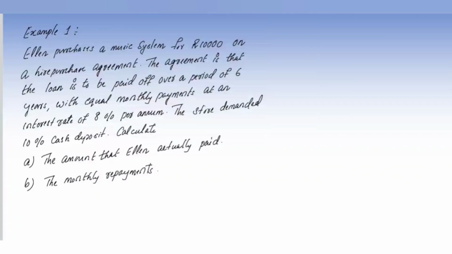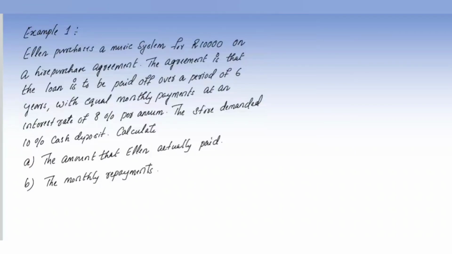After all this hire purchase process, how much is she going to pay over the period of 6 years? Here we can see that the price for that item is 10,000 Rand, and the store demanded 10% cash deposit. So you have to pay a deposit of 10% of the principal price. What is the principal amount here? 10,000.